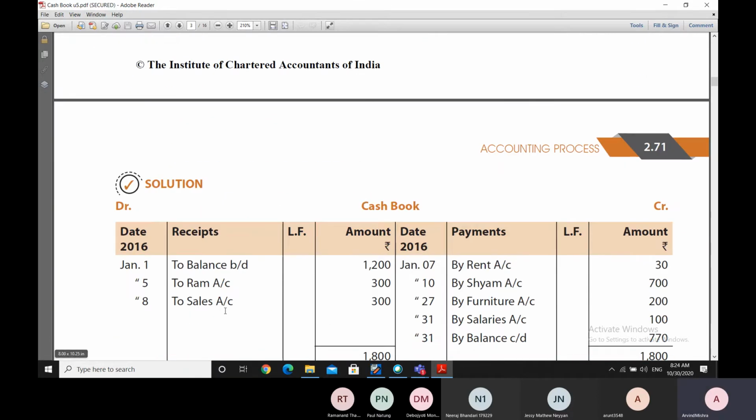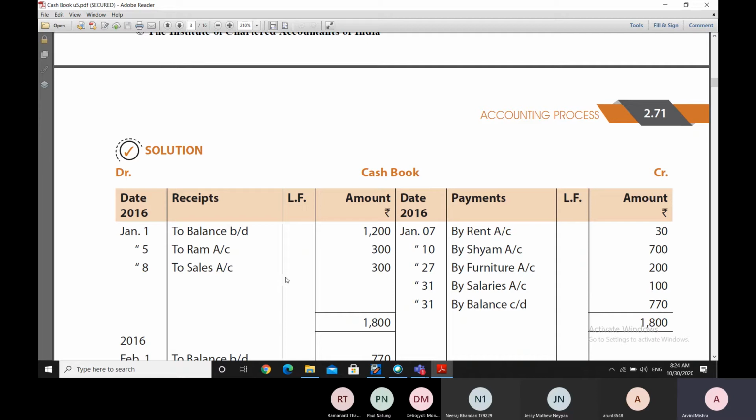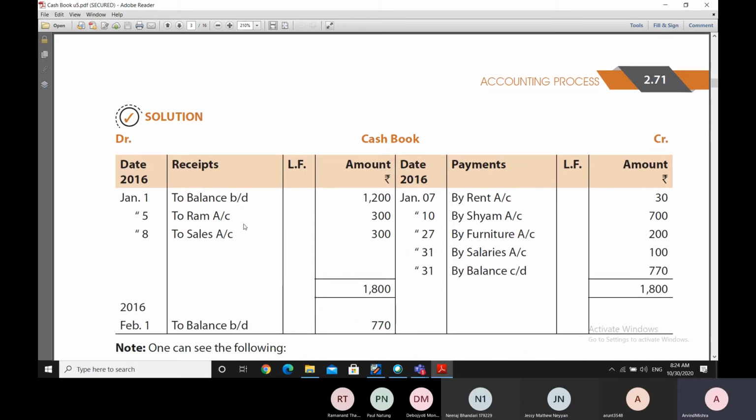Then we are writing a sale; we have made a sale. So we may enter cash receipt and payment entries in respect of sales or purchases, or it could be a trade payment, or a loan, anything.